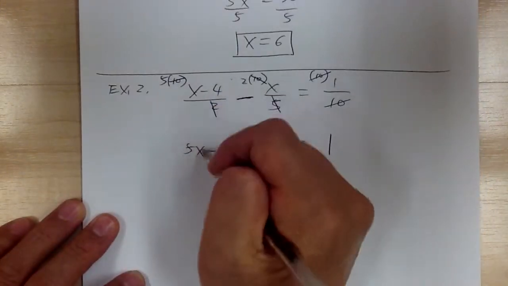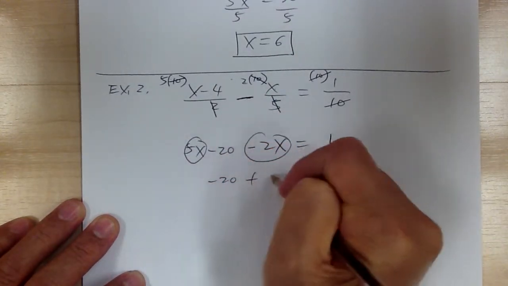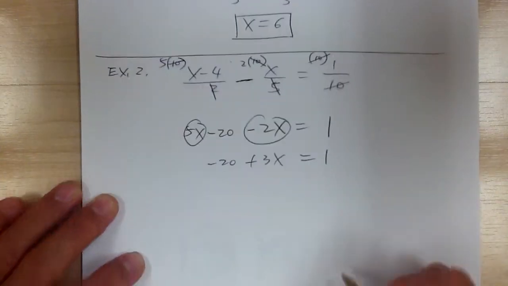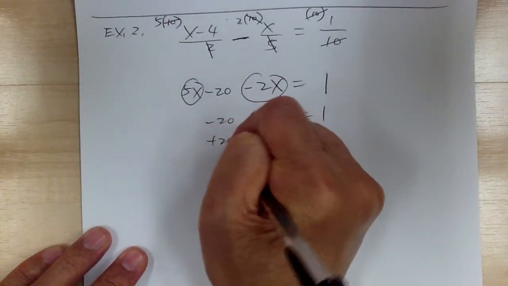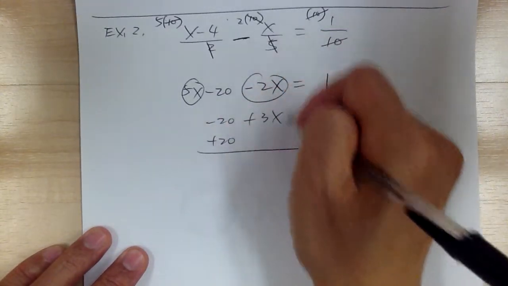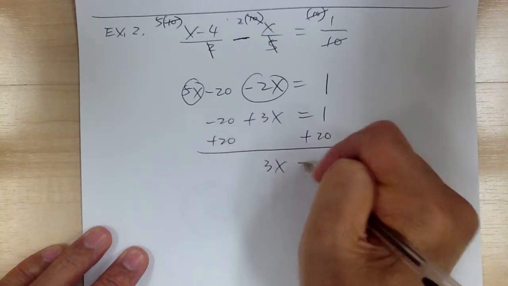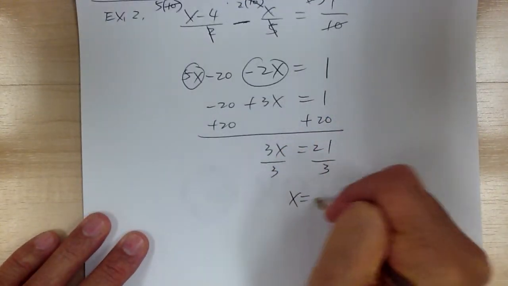Then from there you combine the like terms. So you get negative 20 plus 3x equal to 1. And then to get rid of the number, you have to do the opposite, so plus 20. Again, line up everything, so you get 3x equal to 21, divide by 3, so x equals 7.